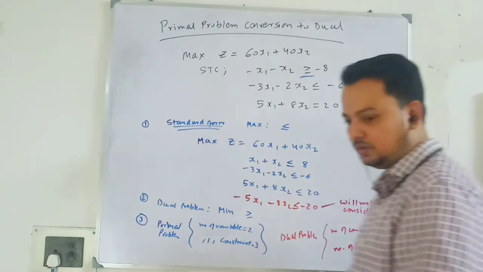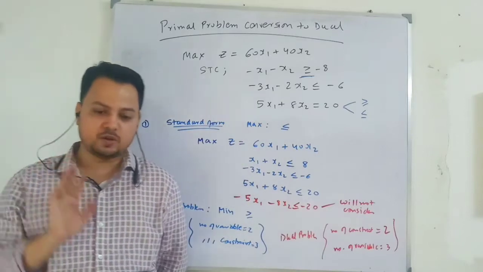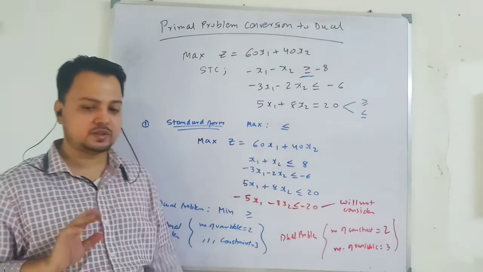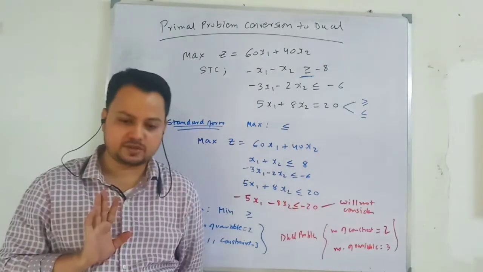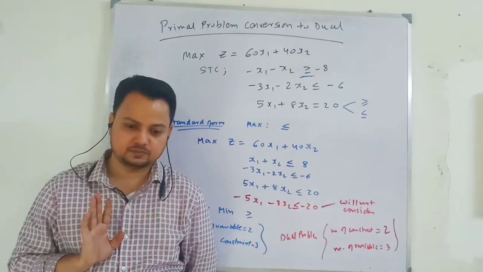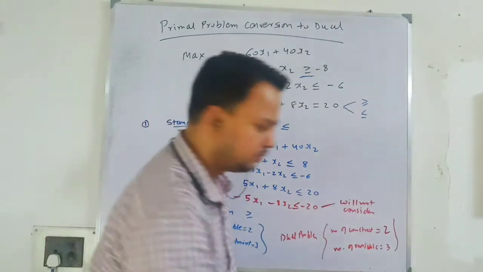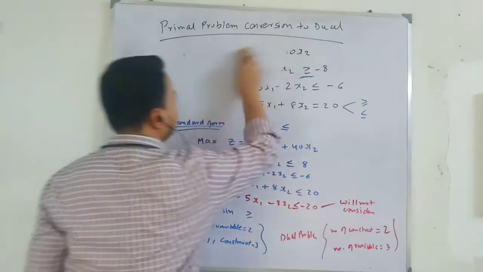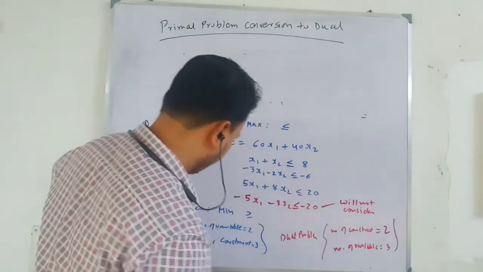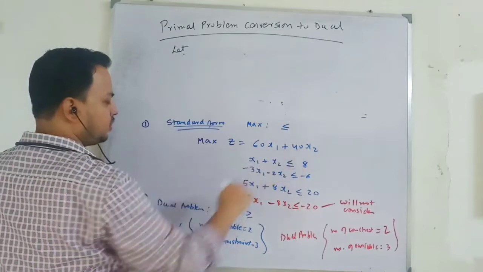Okay, so now we start to set up our dual problem. Okay, so whatever you have as cost coefficient becomes right hand side of my constant. That thing we know, right? Yes or no? Okay. So yeah, I have x1, x2 variable.